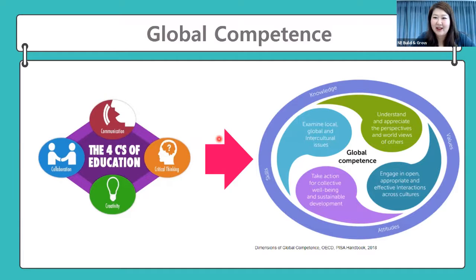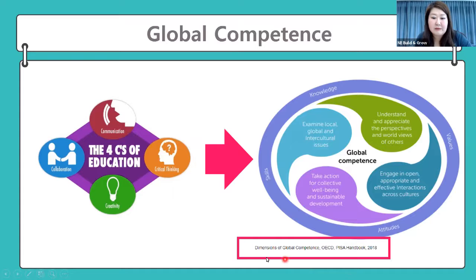Quite interesting, right? If you look into global competence, it's pretty similar to the 4Cs, but it's a worldwide version of it. I know that these letters are pretty tiny, but we are going to look into it in the next few slides. But before we get deep into global competence, you would notice the dimensions of global competence, OECD, PISA handbook, right?